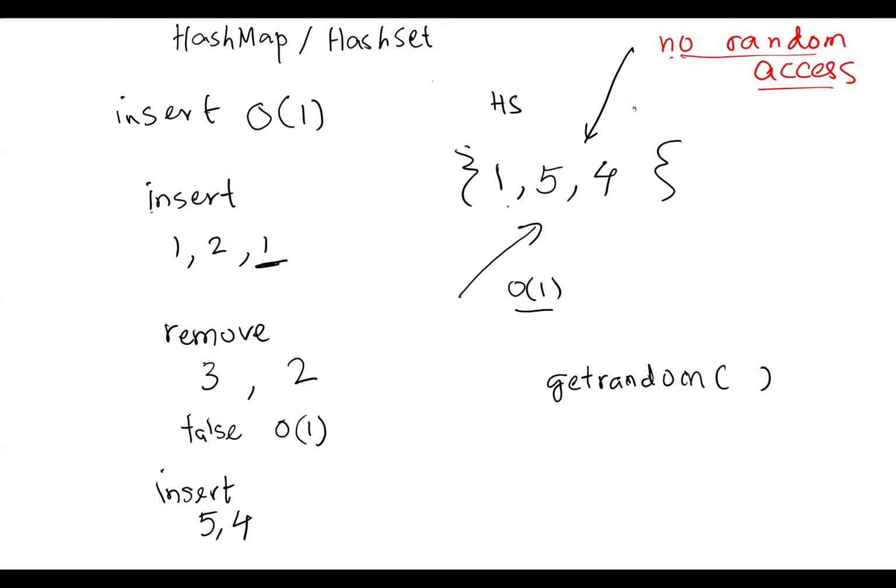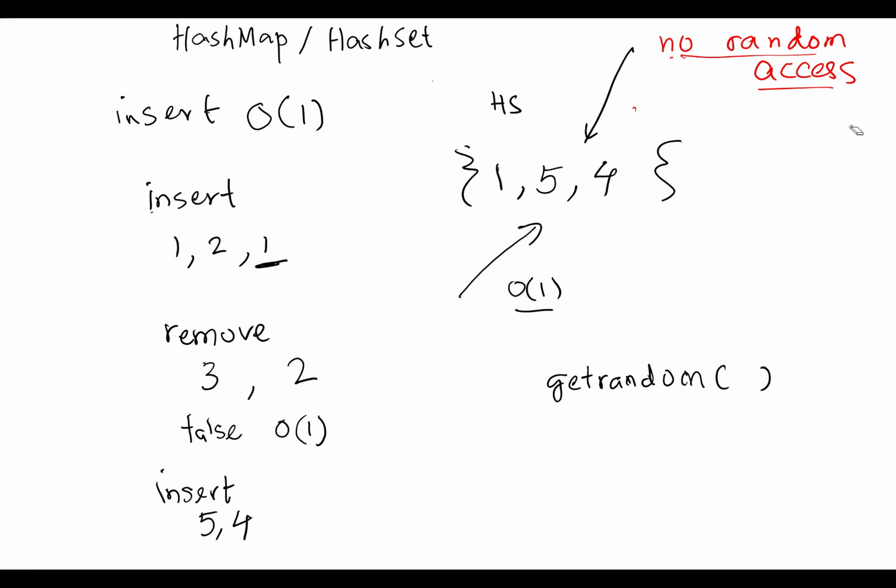If there was an order, say 0, 1, 2, we could just say, okay, I want the element at index one and directly go there. So here is the issue. In a hash set, there is no particular order of the elements and we don't have any random access, so it cannot be done in order of one time.